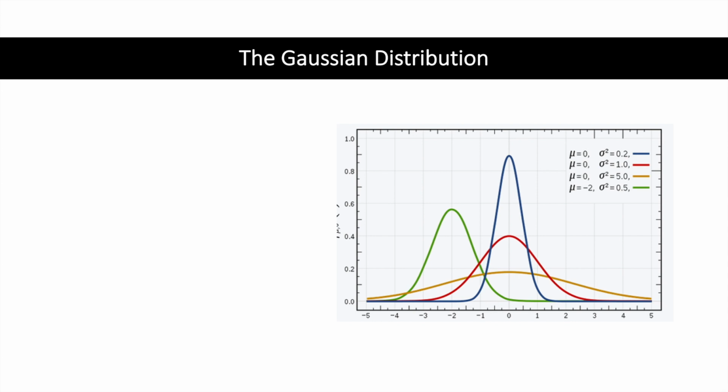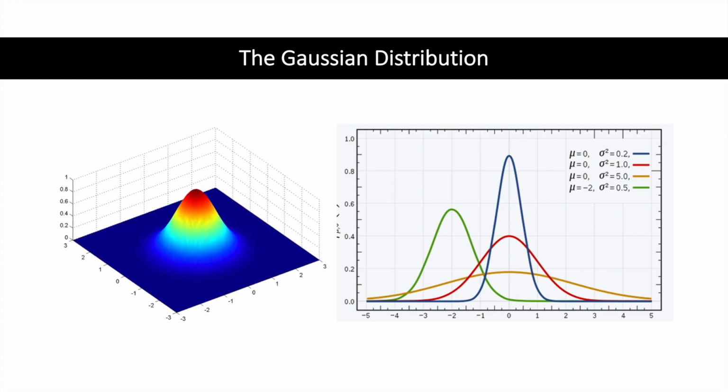We could have two variable values, and instead of a 2D bell-shaped curve, we can have a 3D bell-shaped curve. I'm not going to go into details, but I just wanted to show you that this is what we call Gaussian distribution.